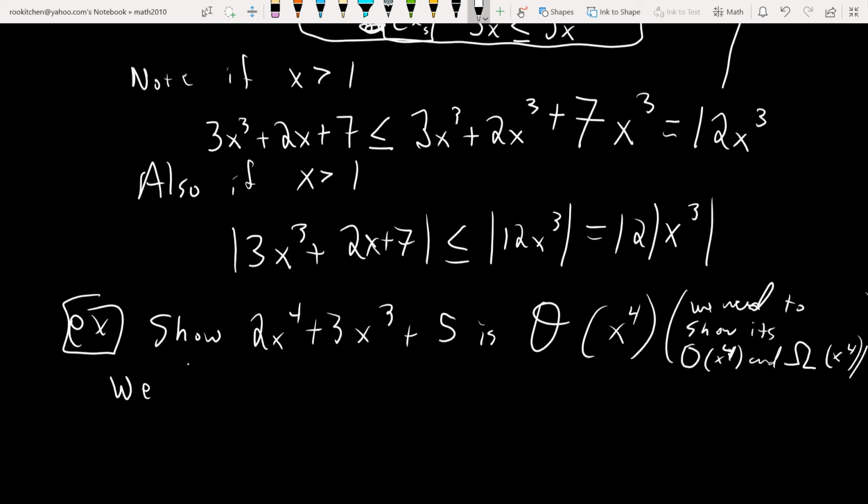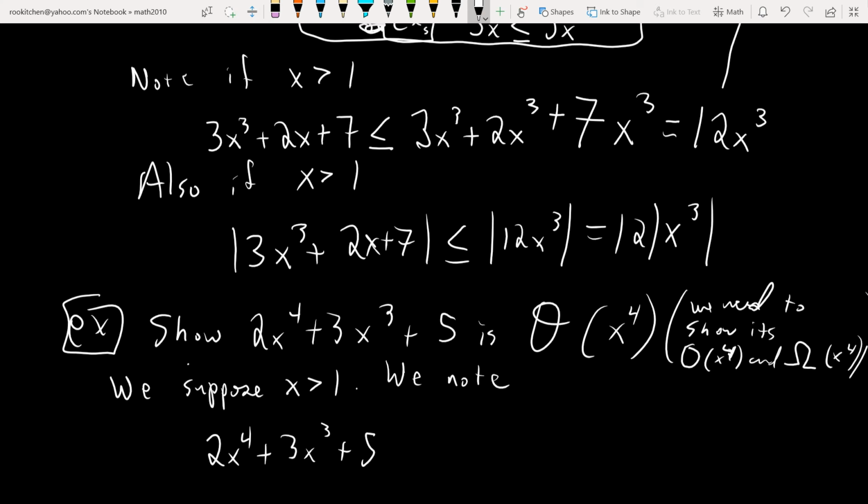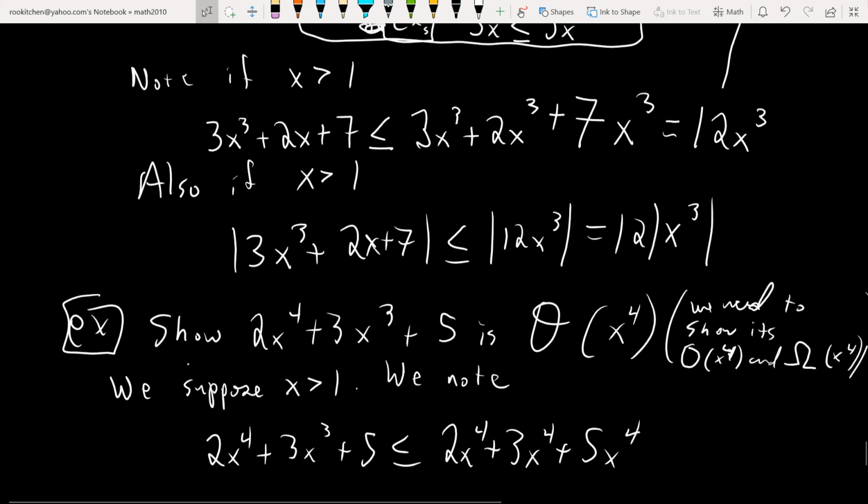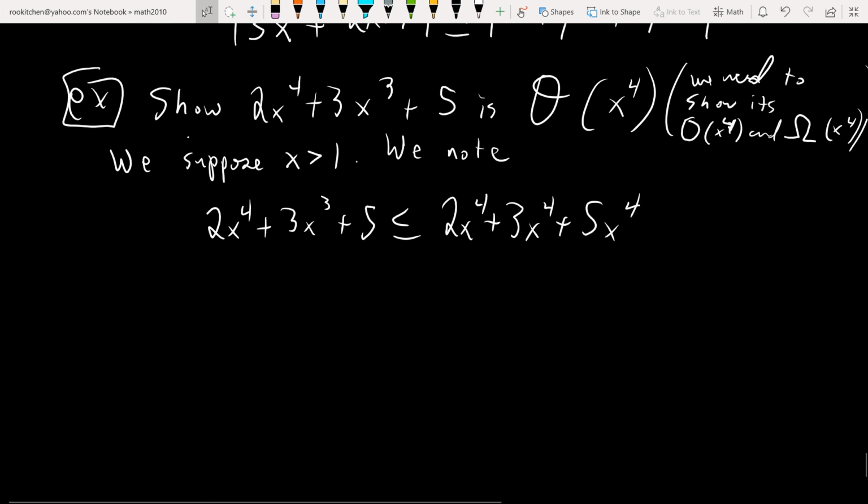Okay, so anyways, we suppose that x is greater than 1, right? We note then 2x to the fourth plus 3x cubed plus 5 will be less than or equal to 2x to the fourth plus 3x to the fourth plus 5x to the fourth, which is equal to then 8, 9, 10 x to the fourth, right?